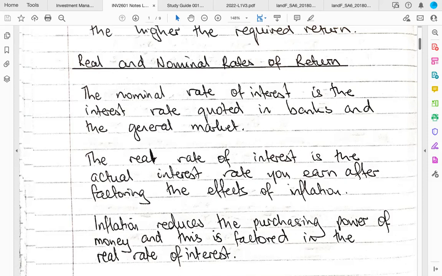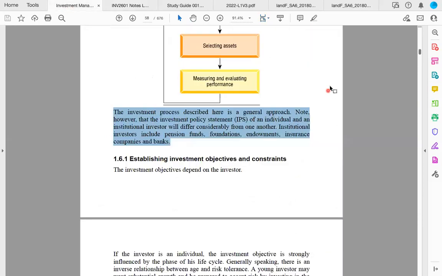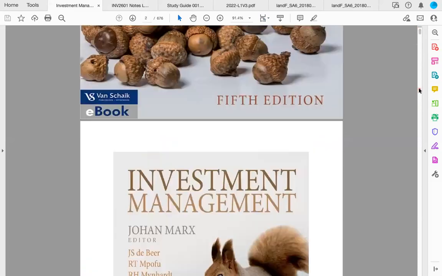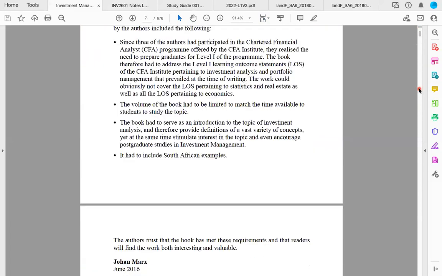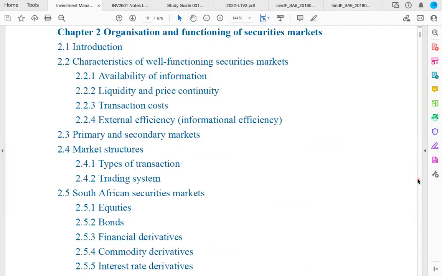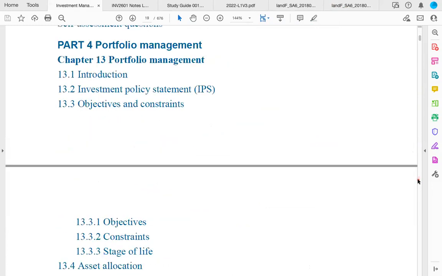Inflation reduces the purchasing power of money, and this is factored in the real rate of return. We can compare my definition with how the prescribed textbook talks about it. I try to stick as closely as possible to the prescribed textbook, but I also try to put it in a simple explanation that won't confuse you too much.